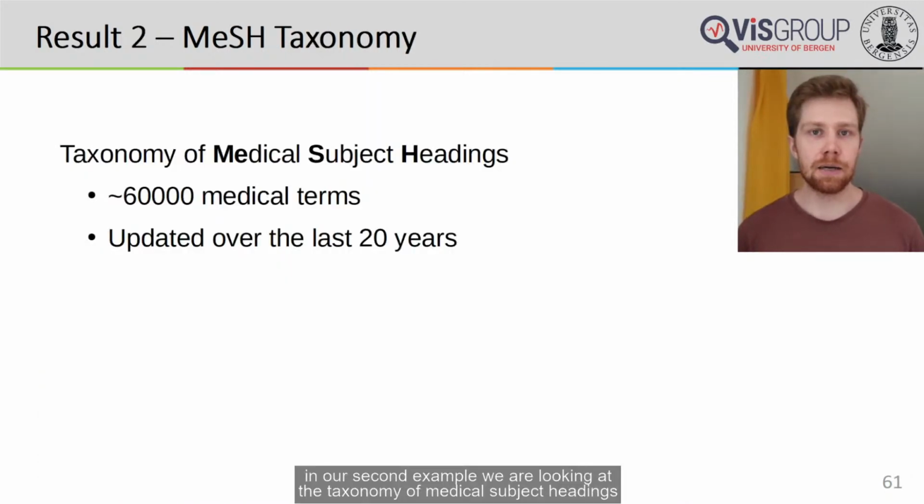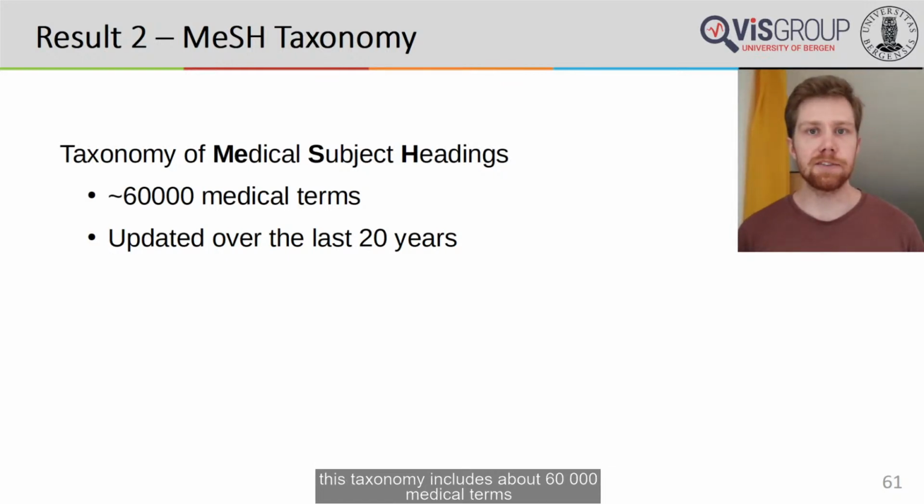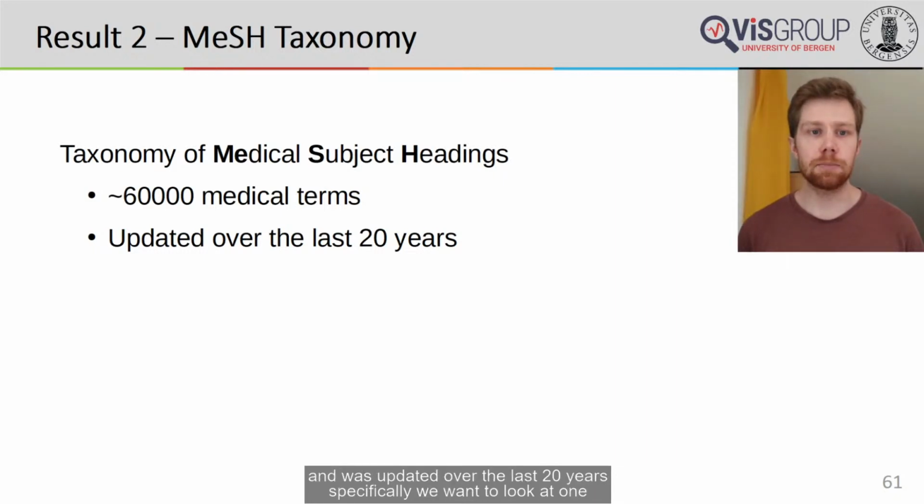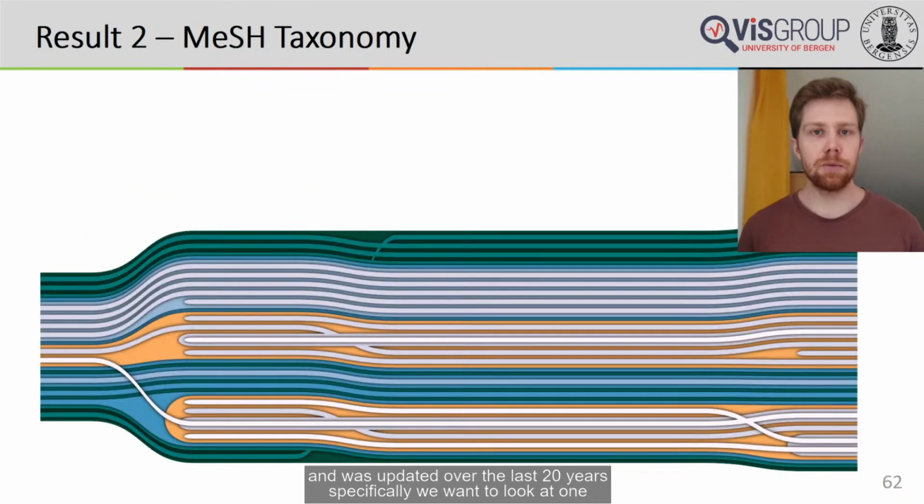In our second example, we are looking at the taxonomy of medical subject headings. This taxonomy includes about 60,000 medical terms and was updated over the last 20 years. Specifically, we want to look at one branch of the taxonomy that is called the urinary tract. We can see how certain terms were added or changing their position over time.